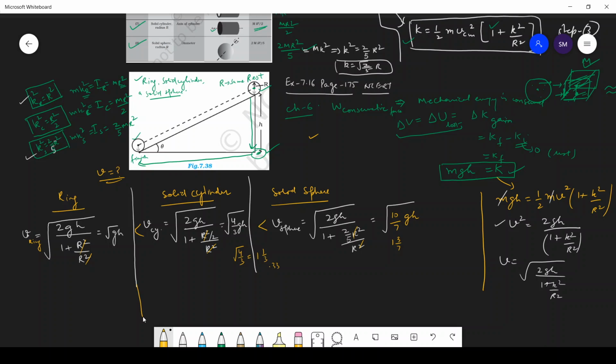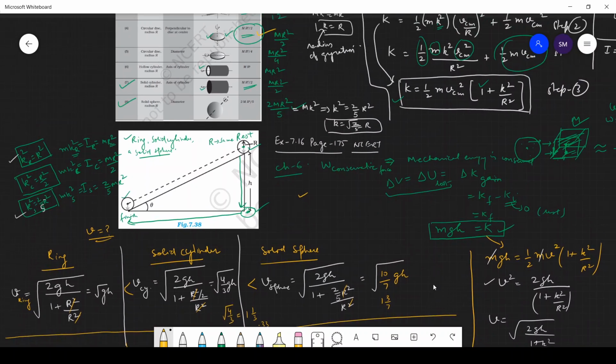Now we have another part also, if we would like to do. Suppose the bodies have same mass, we want to know which body has the greatest rotational kinetic energy. So now we are talking about rotational part only.